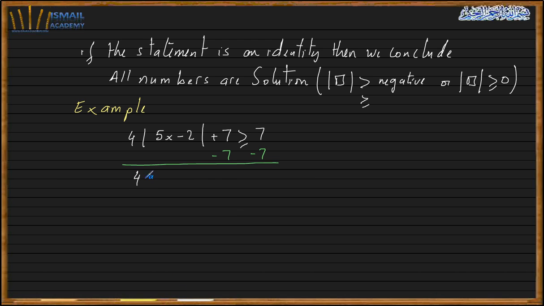So I got 4 times the absolute value of 5x minus 2 is greater or equal than 0. Divide by 4. I divide by a positive, so the sign stays the same. So I got the absolute value of 5x minus 2 is greater or equal than 0. This is always true, because absolute value is always positive, which means it is either greater or equal than 0. So this is true.